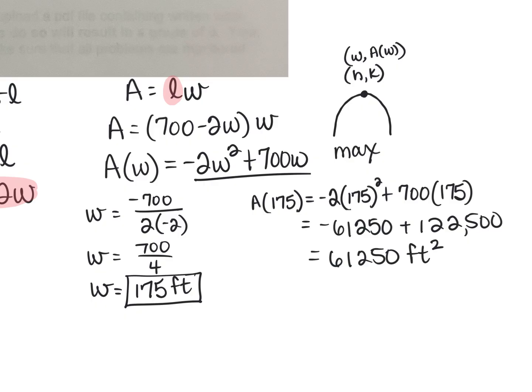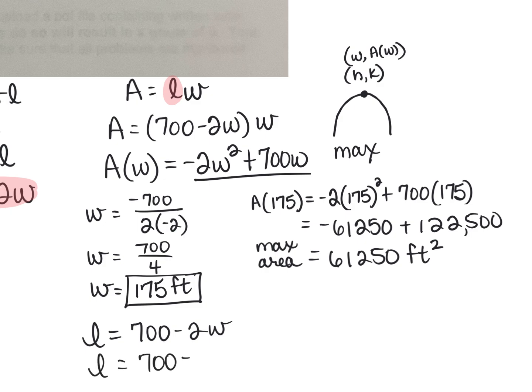Now, if it asks for the length, all right, so this is max area. If it asks for the length of it, then we know that L is equal to 700 minus 2W. So to find the length, you would have 700 minus 2 times 175, which is 350, and 700 minus that is exactly that.